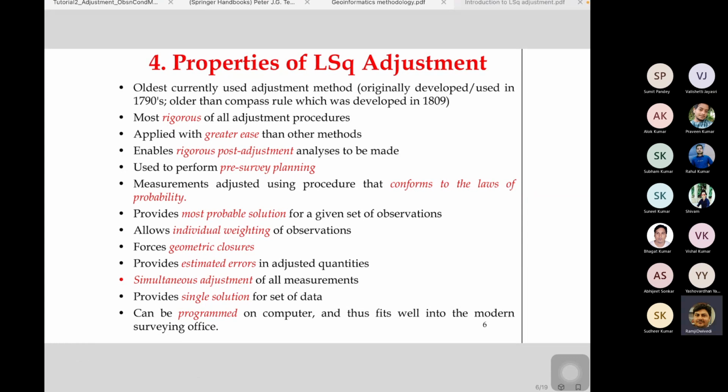Most rigorous of all adjustment procedures, applied with greater ease, enables rigorous post-adjustment analysis, used to perform pre-survey planning, measurements adjusted using procedures that conform to the laws of probability, provides the most probable solution, allows individual weighting, forces geometric closures, provides estimated errors, simultaneous adjustment, provides a single solution, that is our objective, can be programmed on a computer.